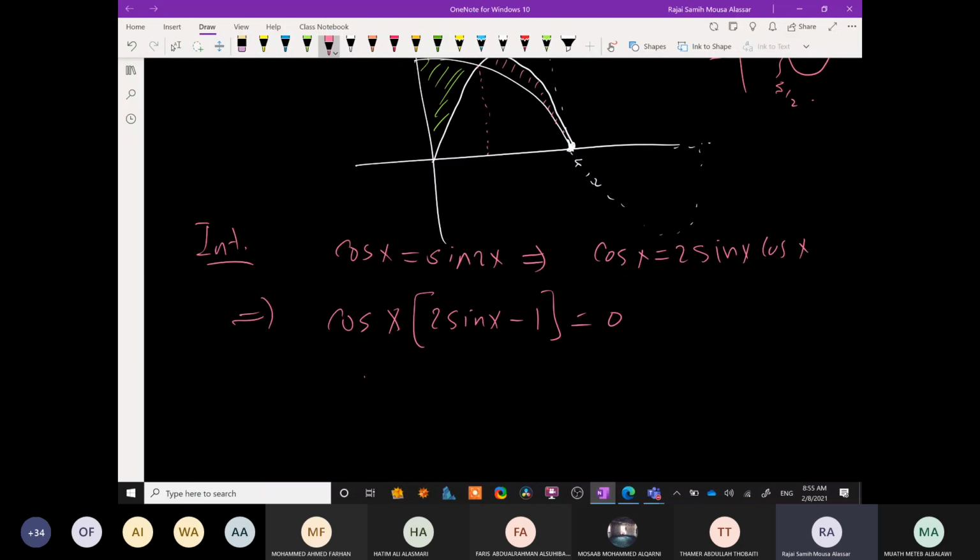Yes. Okay, so either cosine x is going to be 0 or sine x will be half. If cosine x is equal to 0, then x is equal to pi over 2, etc., and some other values we're not interested in. And if sine x is equal to 1/2, then x is equal to pi over 6, and some other values also.